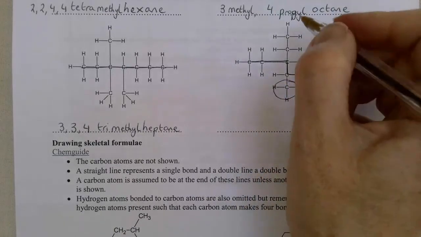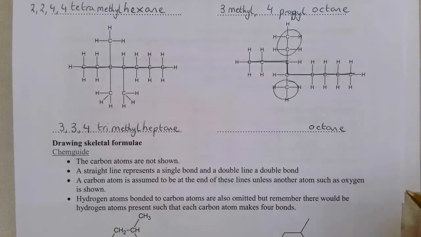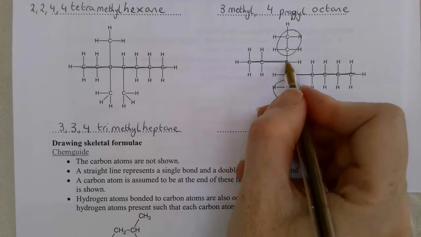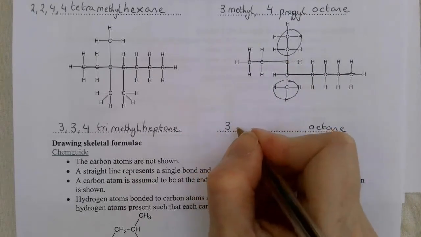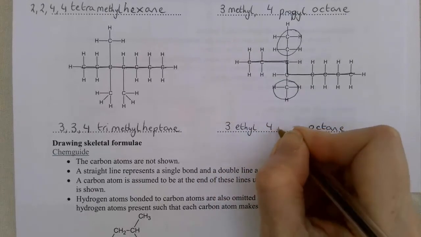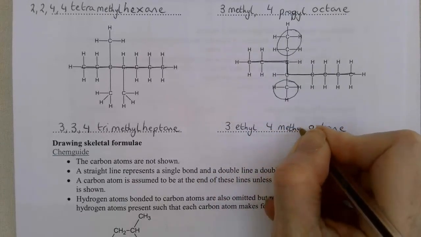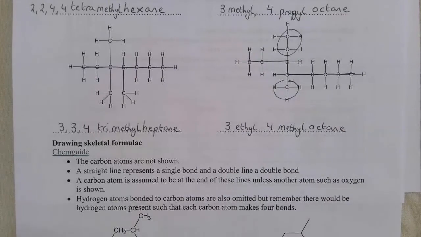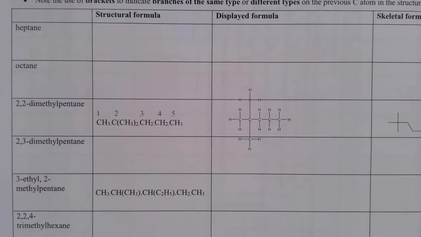I've got a methyl group and an ethyl group. Again, numbering them so you get the smallest possible numbers. This is 3-ethyl, 4-methyl octane.